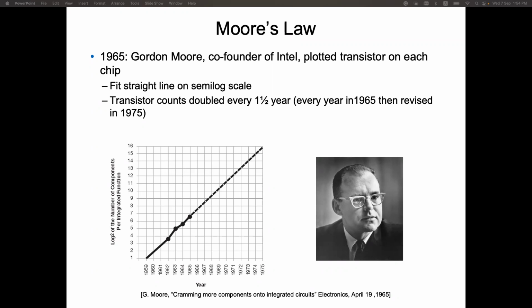Think about the chess problem. In international chess, there is a board, I think it's 8 by 8 squares. If you put 1 rice on the first square, 2 rice on the second square, and 4 rice on the third square, for each square you double it.